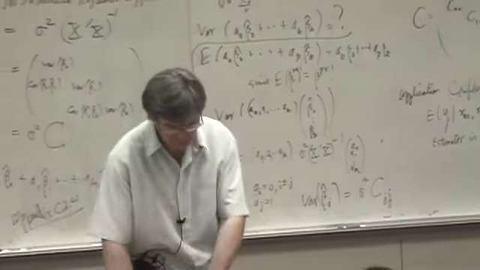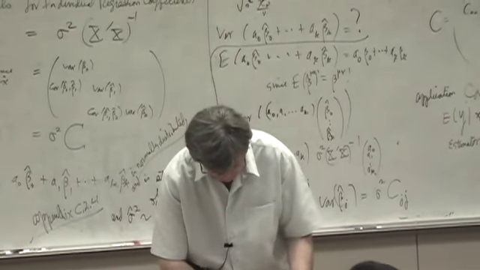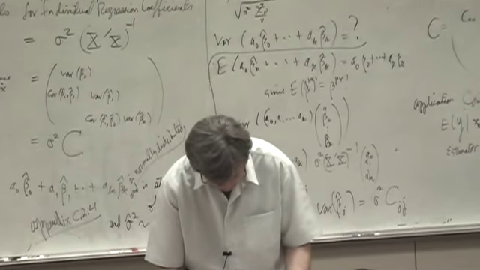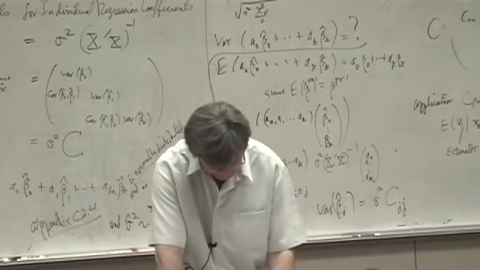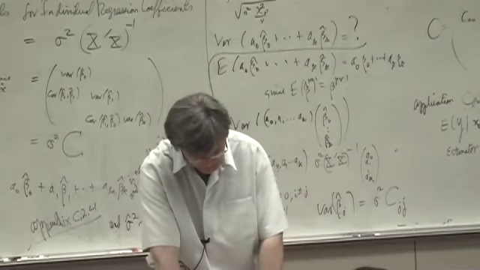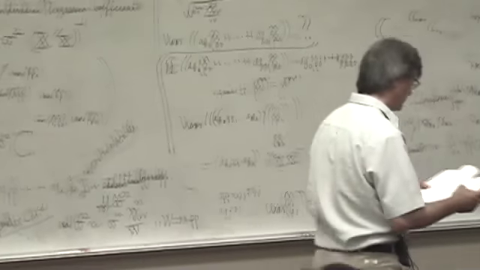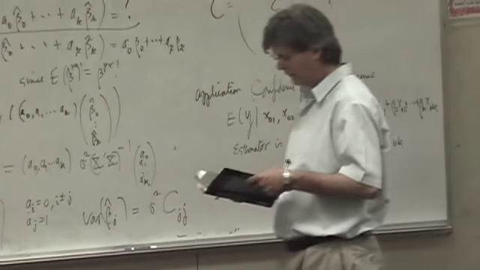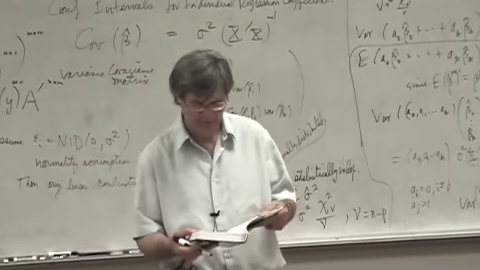So that's exactly the situation shown on page 103. Confidence interval estimation of the mean response, where you've got a vector x0. I do have a pet peeve about this one.